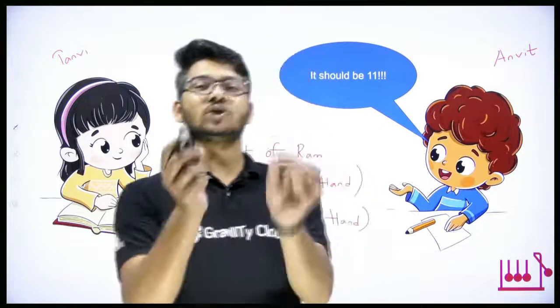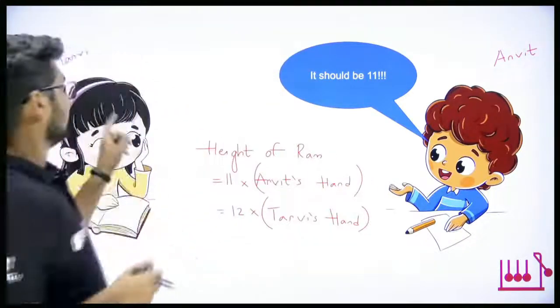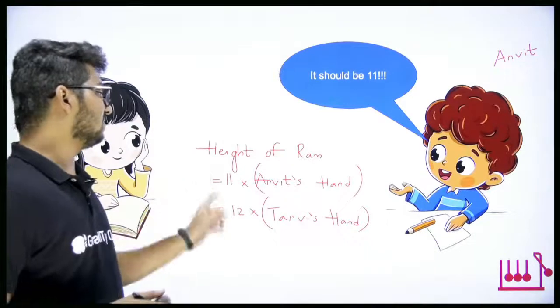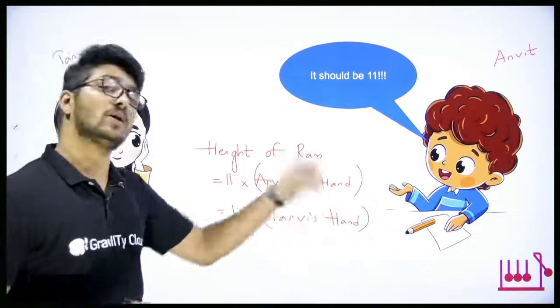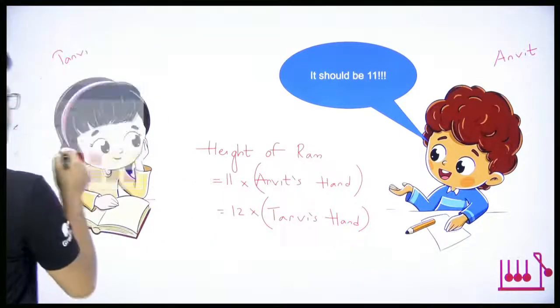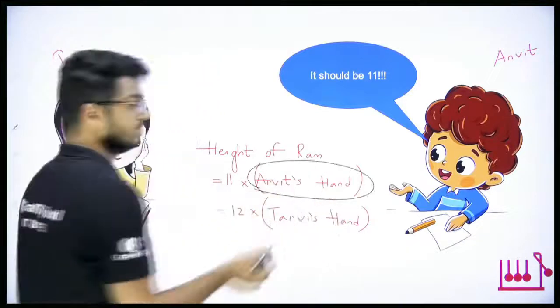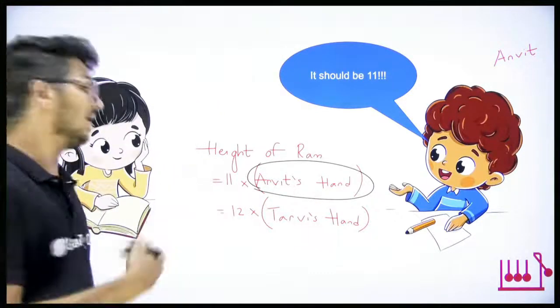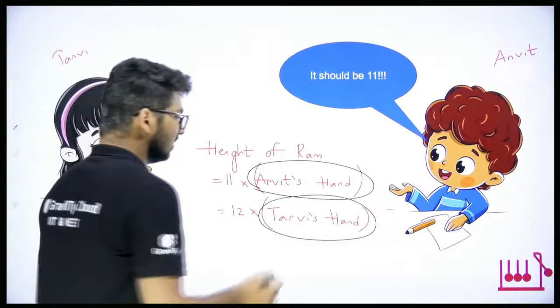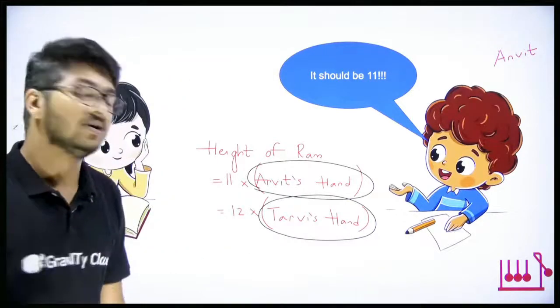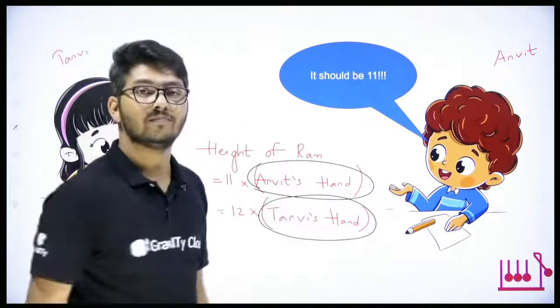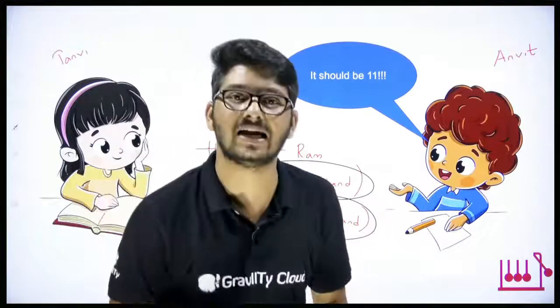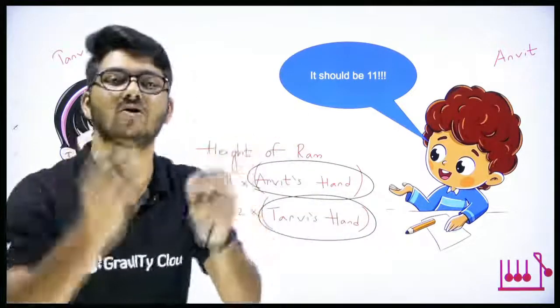So here the issue is, when we say the height of Ram as 11 times Anvit's hand, the unit is Anvit's hand. And when we say 12 times Tanvi's hand, the unit is Tanvi's hand. So the issue is in the unit. The unit is not standard. The unit changes from person to person.